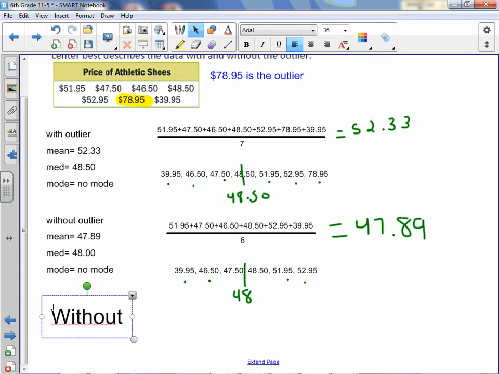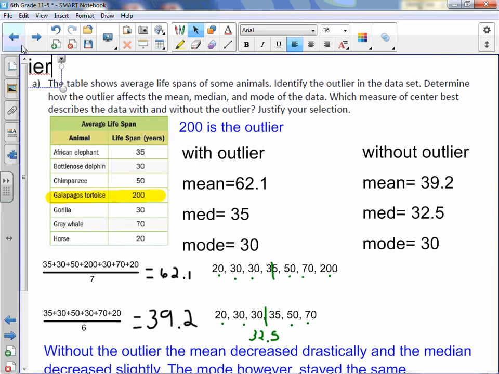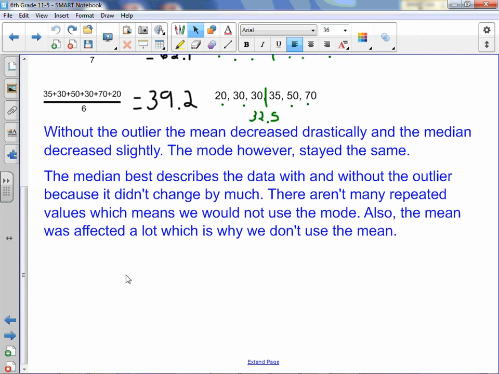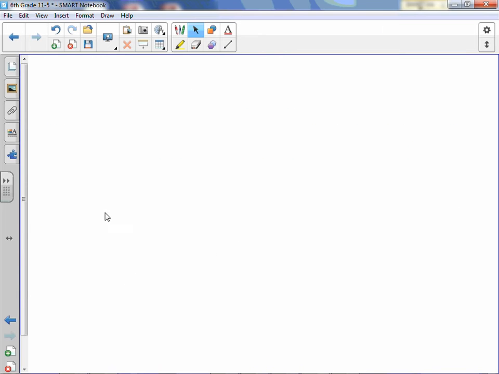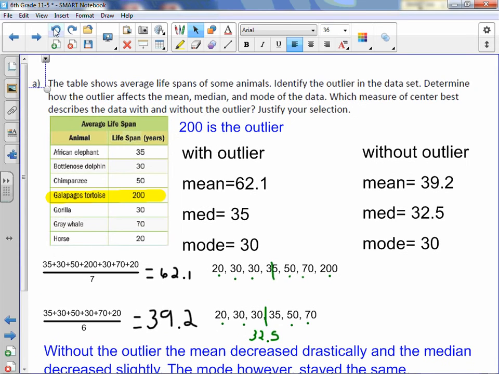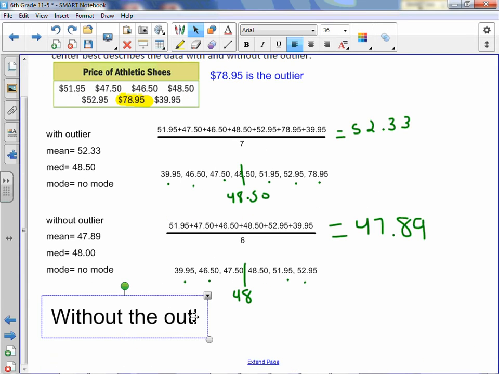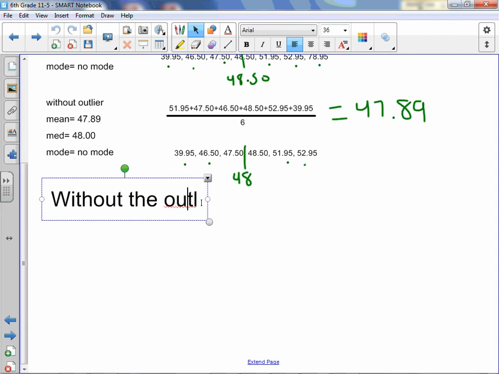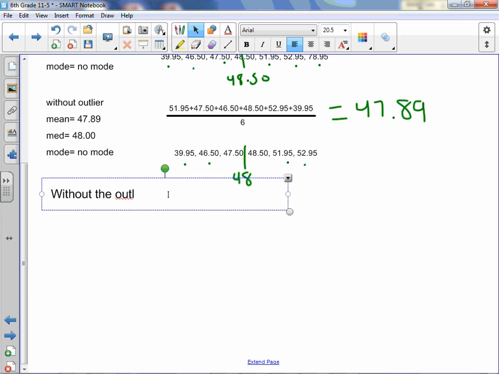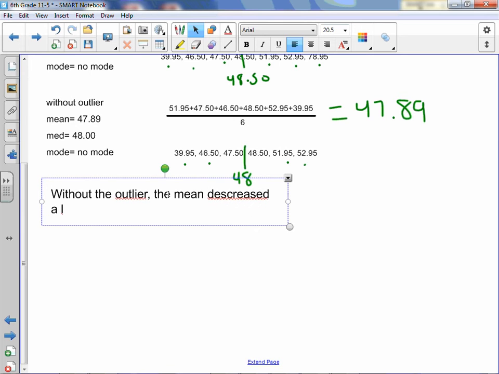Let's first compare with and without the outlier. Without the outlier, the mean decreased a lot.